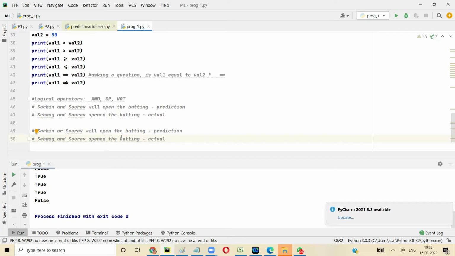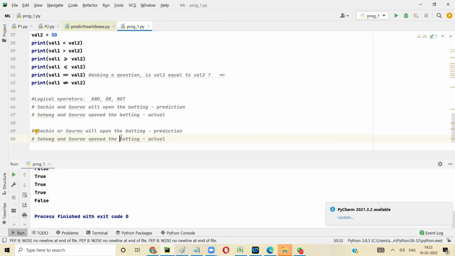When you have AND, all the conditions have to be true for the result to be true. Okay, in OR, even if one condition is true, the entire thing is true, because I'm not guaranteeing everything. I'm saying one will definitely open, and if both did, good, but at least one surely did.